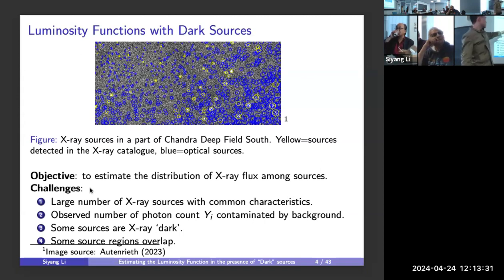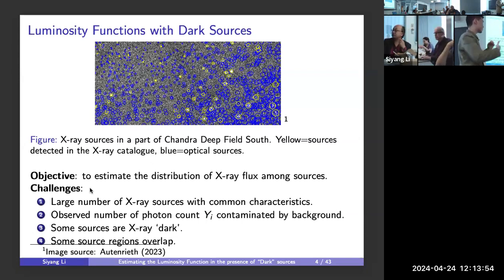For example, in this picture, each white dot represents an X-ray detection. But as you can see, there are lots of white dots outside of these optical or X-ray sources. So this picture shows that there can be lots of background contamination making it hard for us to distinguish the sources from the background.